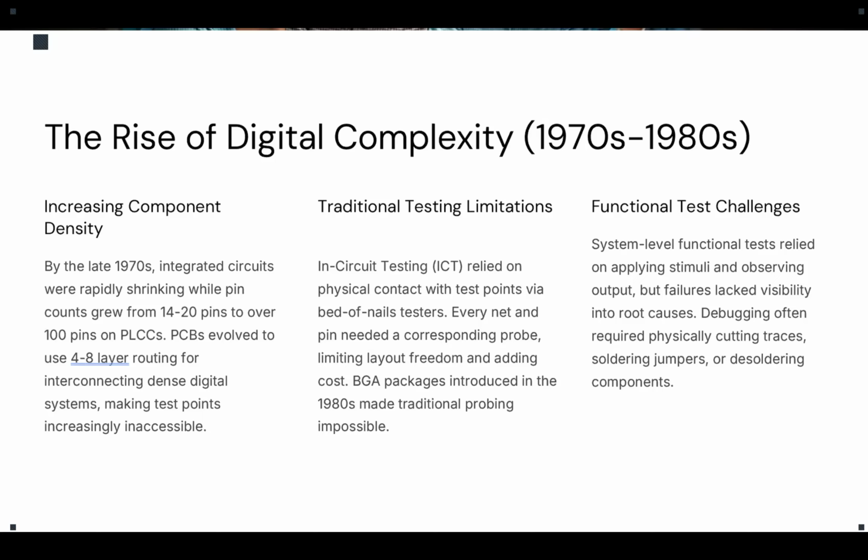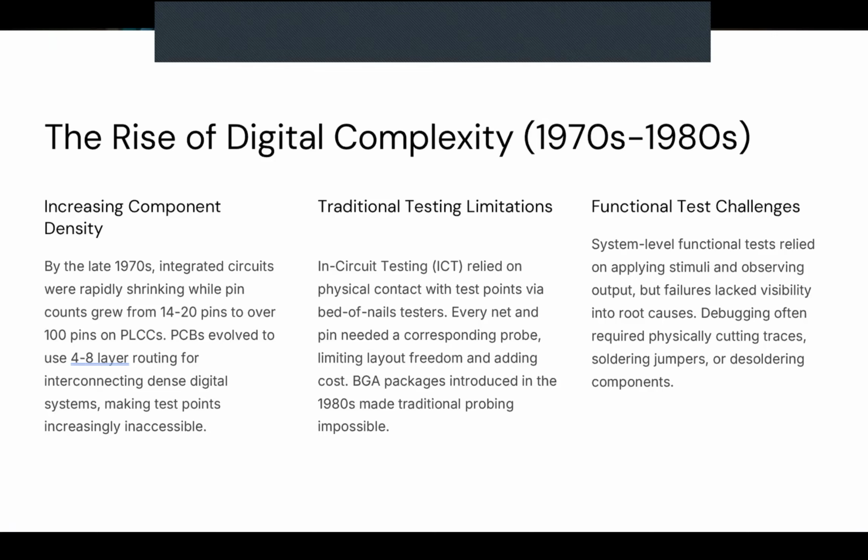The upside of this change was that it gives us better performance and density for the design, but there is a downside to that complexity: we lost access to the critical nodes in our system, in our board, so we are no longer able to have a physical probe for the necessary signal testing.